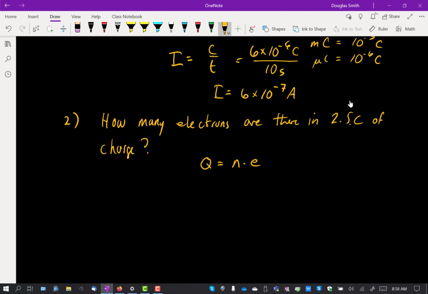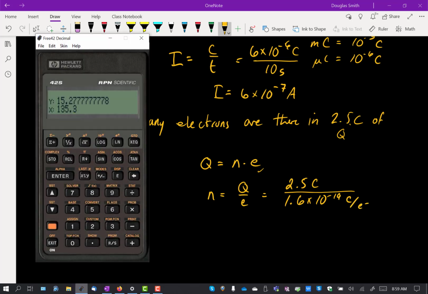In this case, we know Q, and we know E, so we're looking for N. So N is equal to Q divided by E. So we have 2.5 coulombs divided by 1.6 times 10 to the negative 19 coulombs per electron.